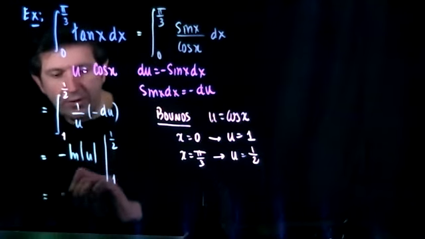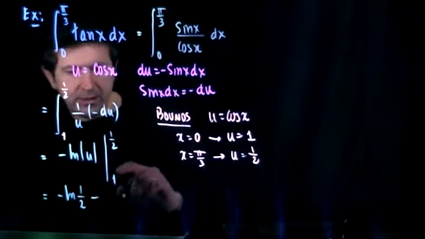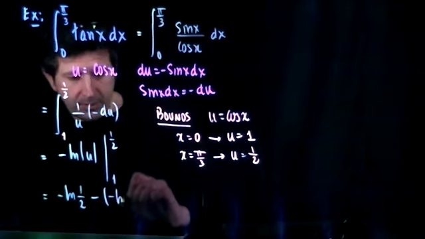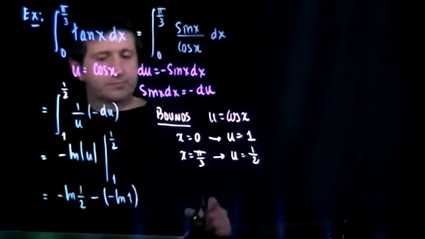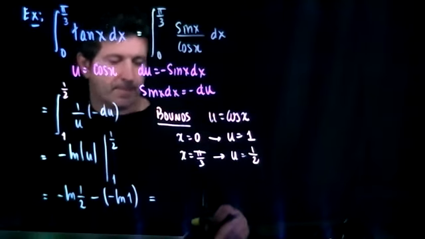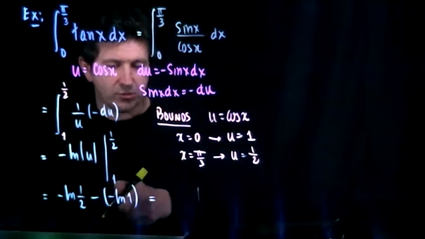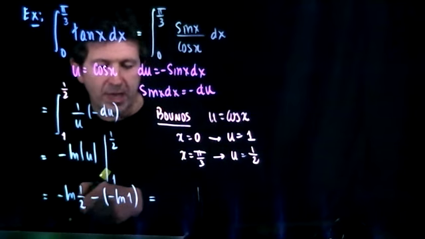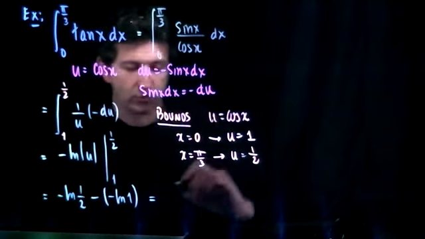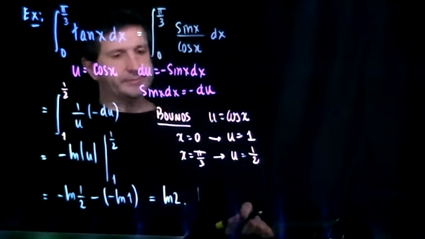Plug in the half here, so negative ln of 1 half minus negative ln of 1. Okay, and ln of 1 is 0, ln of 1 half is negative ln 2, so this will be just ln of 2.